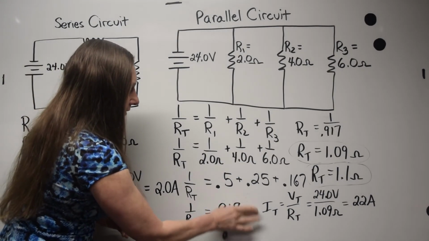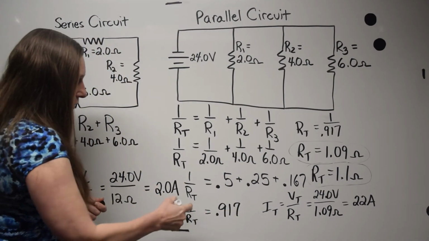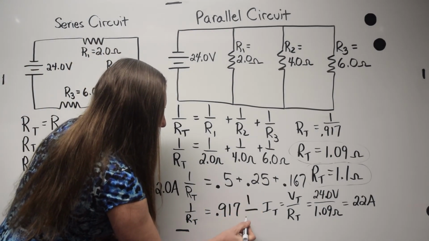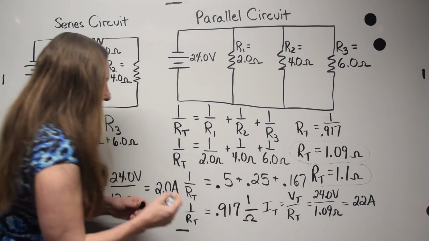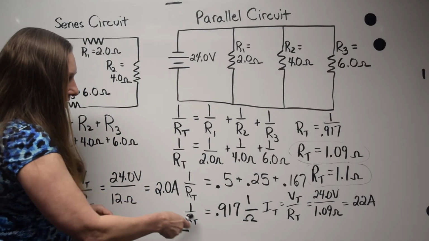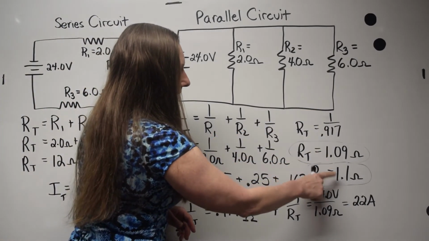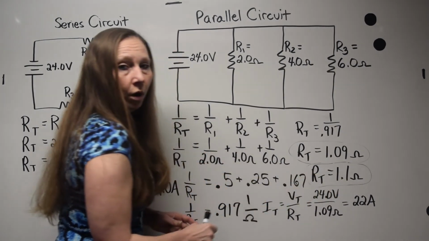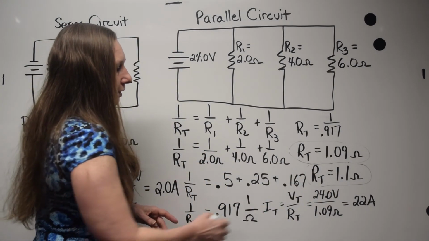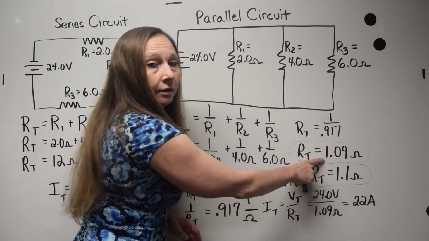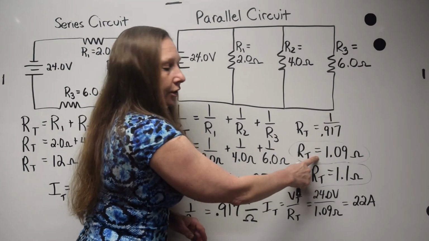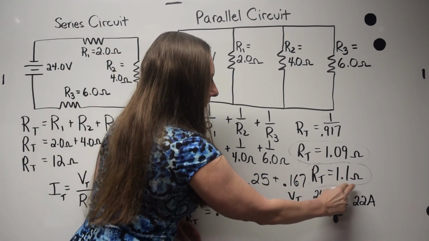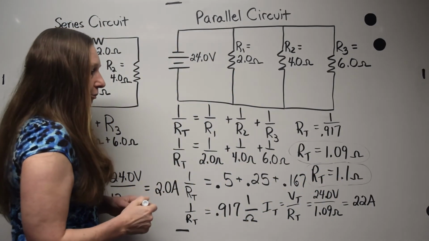And the unit, by the way, is not ohms, it's 1 over ohms. So we're obviously not done yet. You need to take the inverse of that to get your total resistance right here, which is 1.1 ohms. At this point, I simply truncated, just chopped it off at 1.09, and then rounded to 2 significant figures here for my correct final answer to the correct number of significant figures.